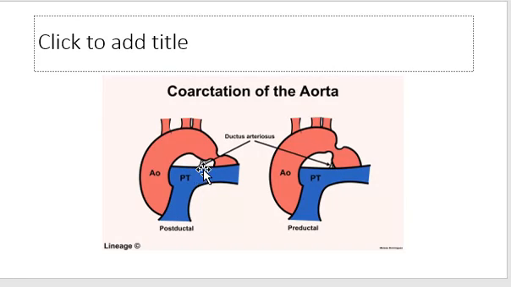We see the postductal most often, and you see how the coarc is after the ductus arteriosus, or it can be before the ductus arteriosus. You'll see this more in infants, okay? Which is the postductal.